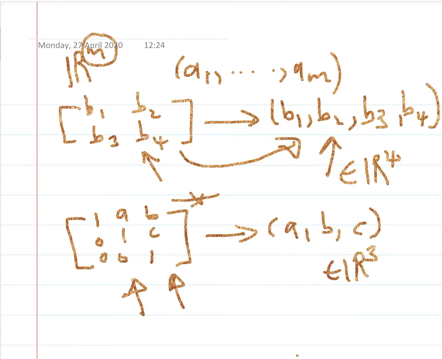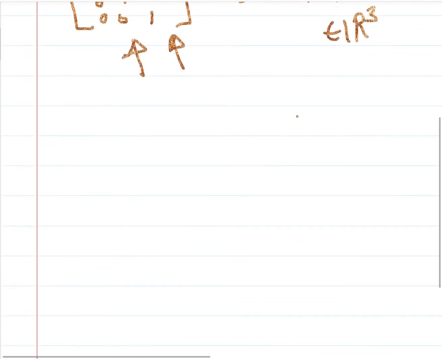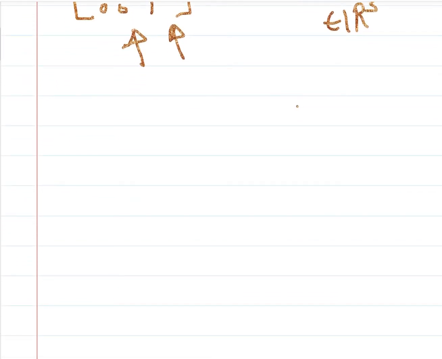Now, a classic example of a set that's already a subset of Rn, where we could map that system into a lower dimension, is the sphere of any radius.